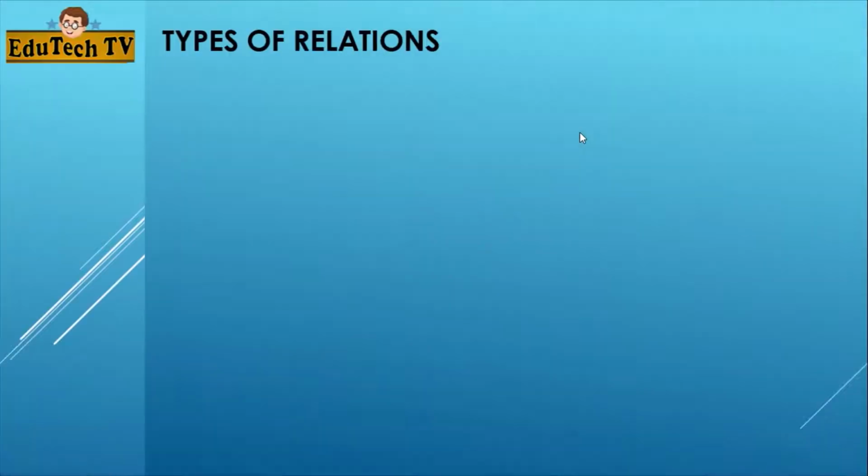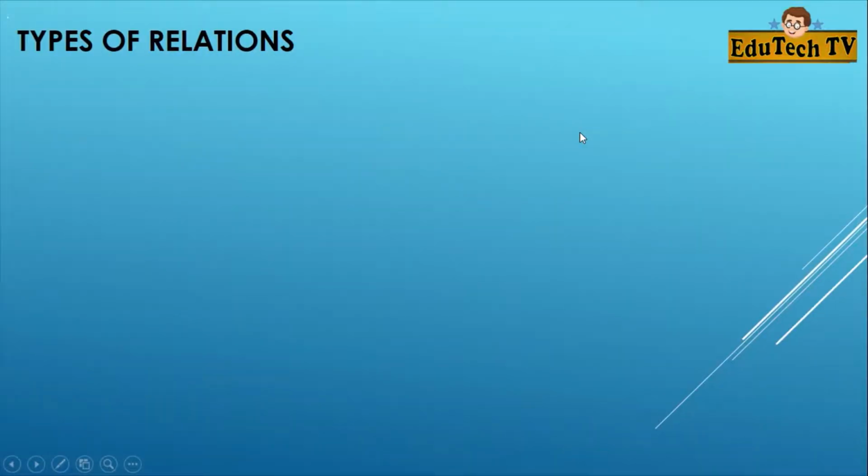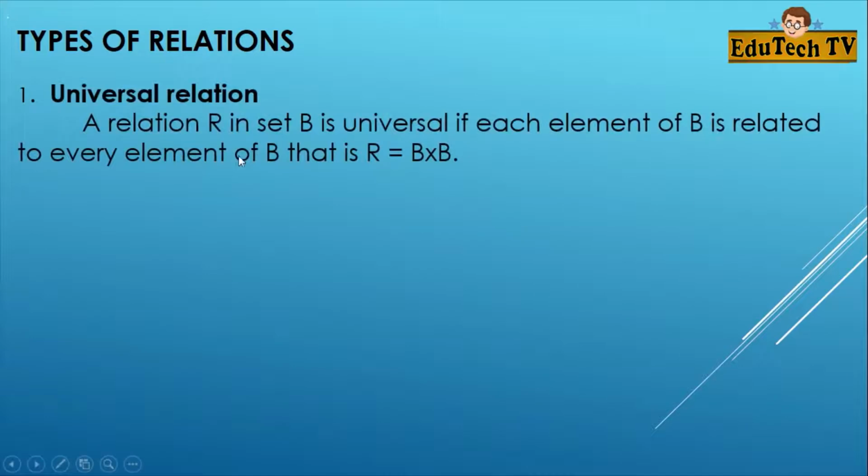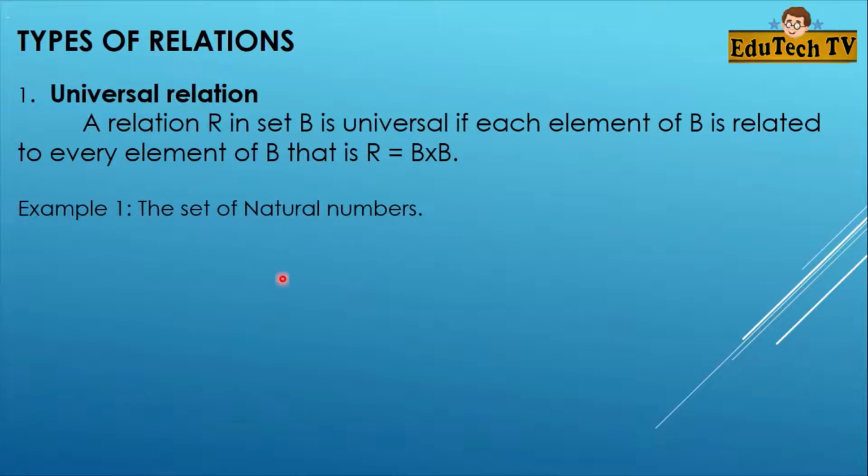Now let's proceed to types of relations. First is the universal relation. By definition, a relation R on set B is a universal relation if each element of B is related to every element of B. So that is R equals B times B. For example, the set of all natural numbers is a universal relation.